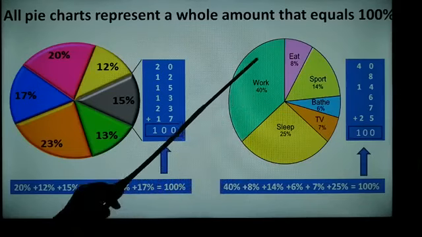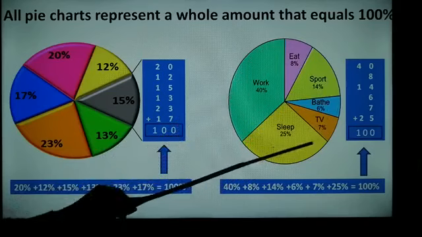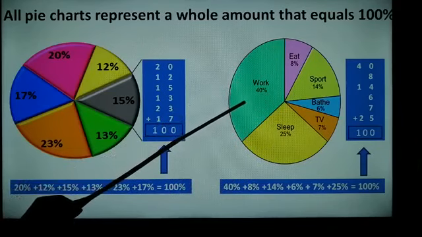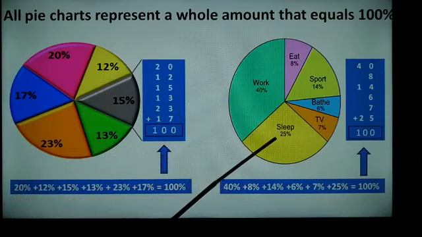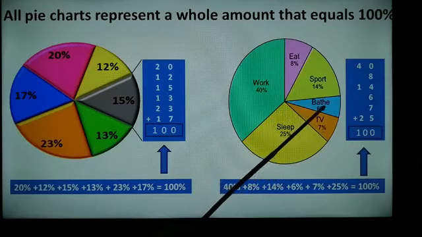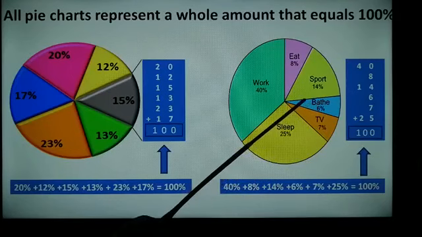That means out of 100, 40% of his time he is spending on his work. For sleeping, he is spending 25. For entertainment, that means watching television and all, 7%. For bath, he is taking 6% of his time.